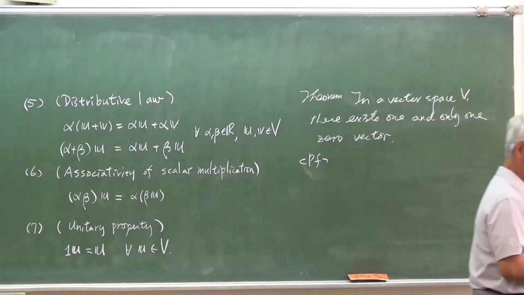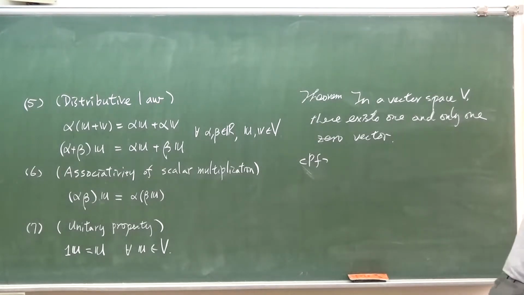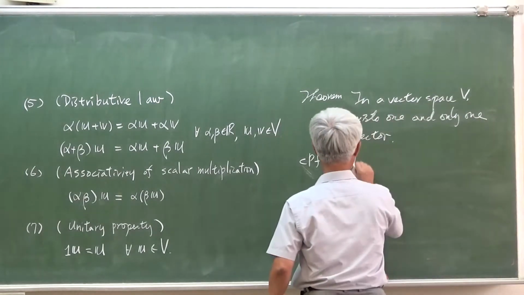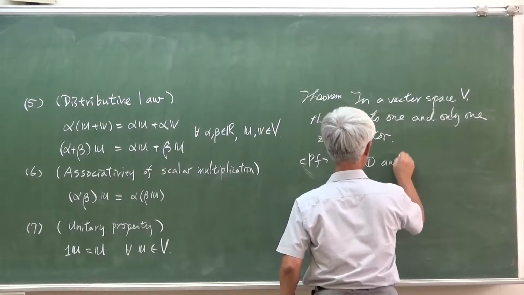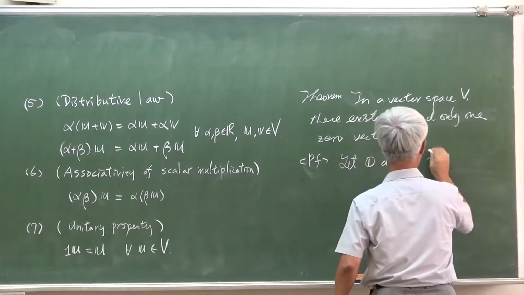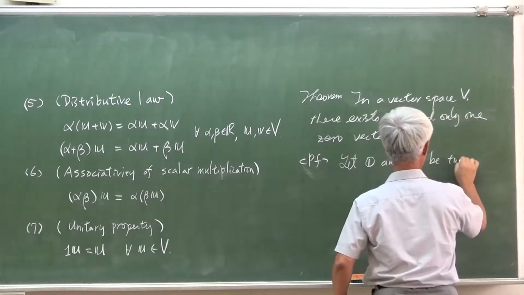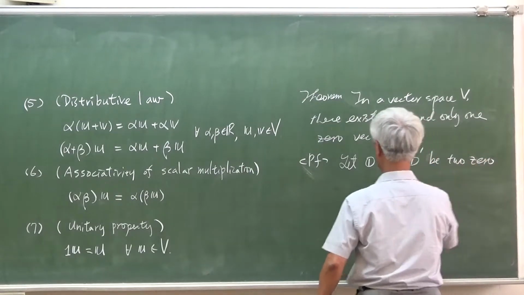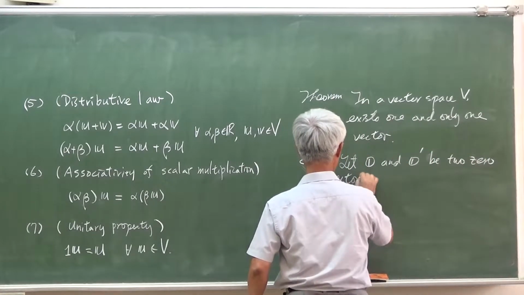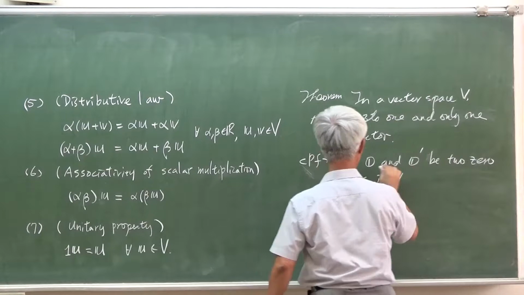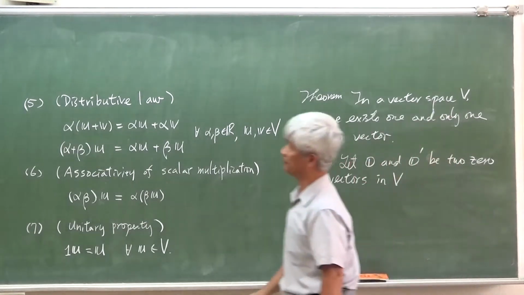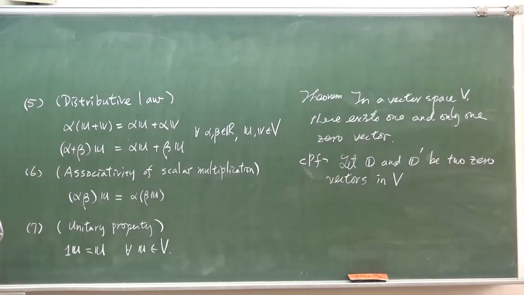All right. So to prove that, we say let 0 and 0 prime be two zero vectors in V. So 0 and 0 prime satisfy the axiom here as well as here. Anyway, all right.